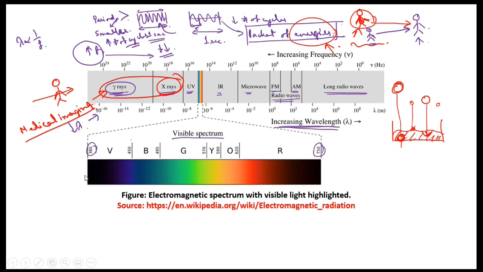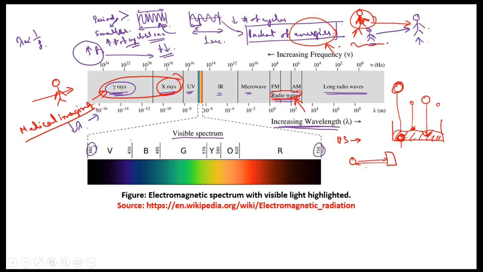However, if you go towards these radio waves, we all listen to radio. Do they pass through our body? No. And due to this reason, ultrasound waves are used to detect any matter. Suppose you have an ultrasonic source and you bring an object over here, the wave will strike it and come back, and from there you can find out whether there is any obstacle in front of you or not.